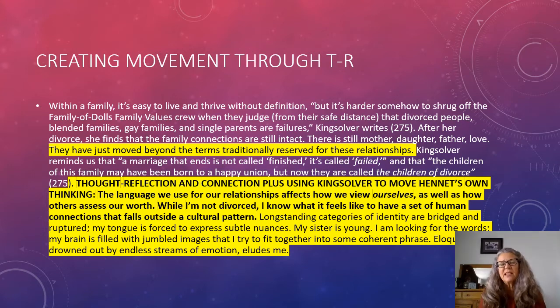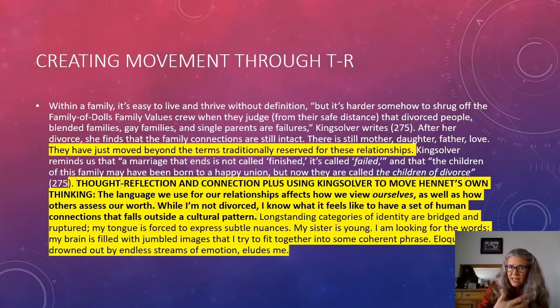Hennet pushes this idea further in her thought and reflection by bringing in something new. She's applying Kingsolver's idea to her own situation and telling us the language we use for our own relationships affects us. That language affects us and how we view ourselves. Kingsolver doesn't say that.